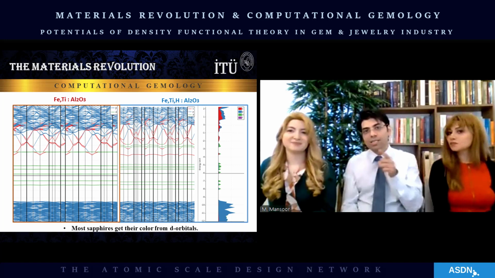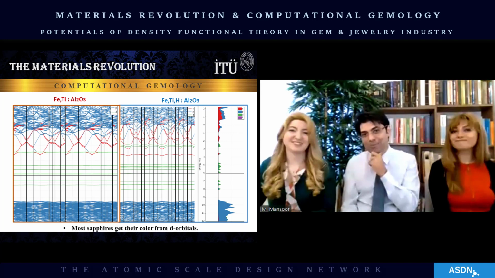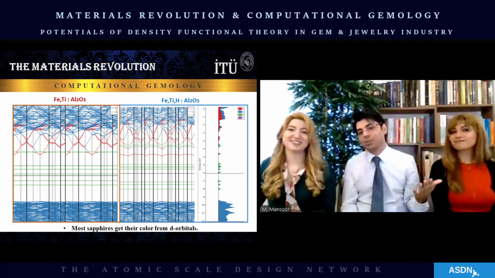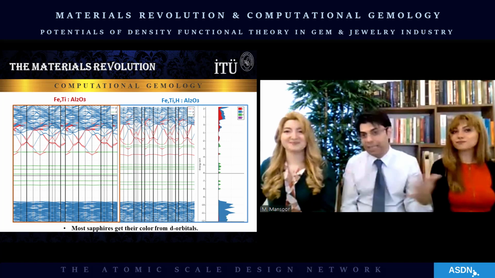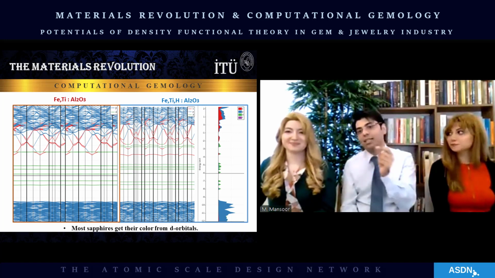So this is a nice example of what happens to the ground state band structure of the iron titanium defect in sapphire when we add an interstitial hydrogen in its vicinity. They're not entirely the same. So the optical response cannot be the same. So the color shade cannot be the same. Everything changes as a result of the addition of that tiny hydrogen into the mix.